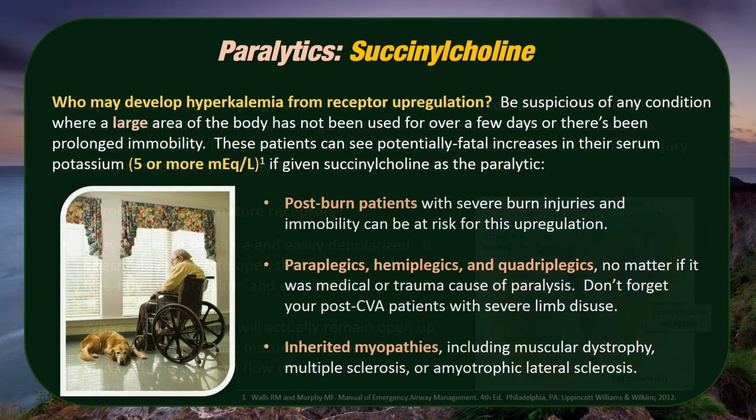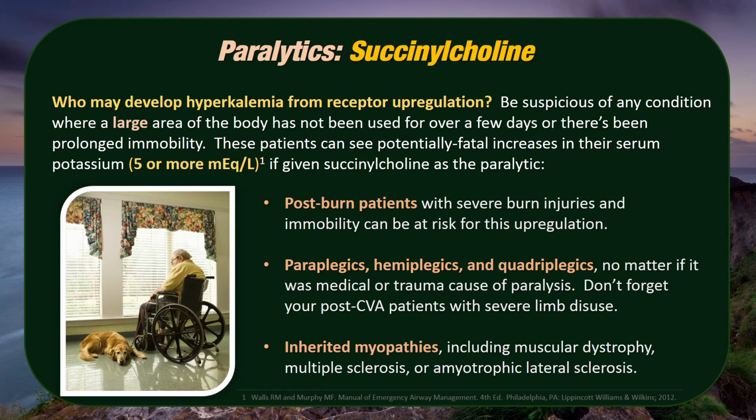So we talk about the hyperkalemia effect, and we talk about who is at risk for this. First of all, our post-burn patients with severe burns, injuries, and who are immobile have a risk of already having a high potassium level from the burn sparing the potassium.